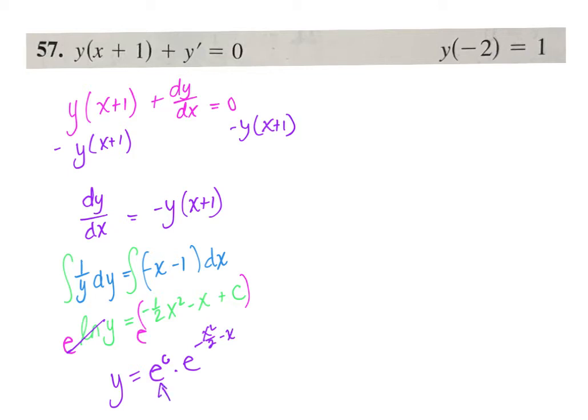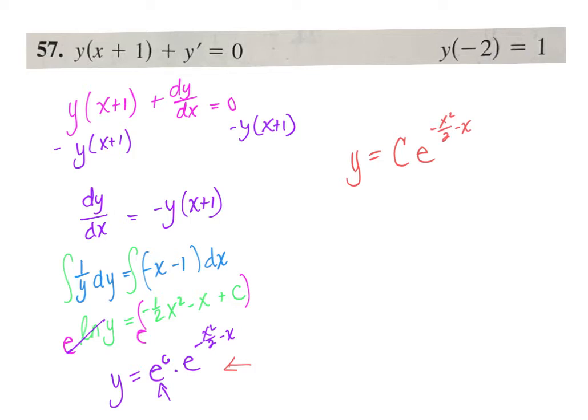And this is just a constant here. So you can really just replace e to the c with c, because that's just a constant. And so you can rewrite this whole thing right here, y equals c e to the negative x squared over 2 minus x.